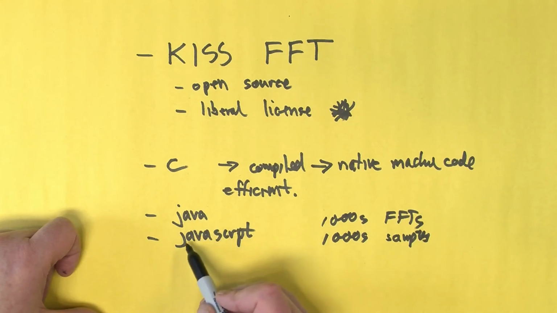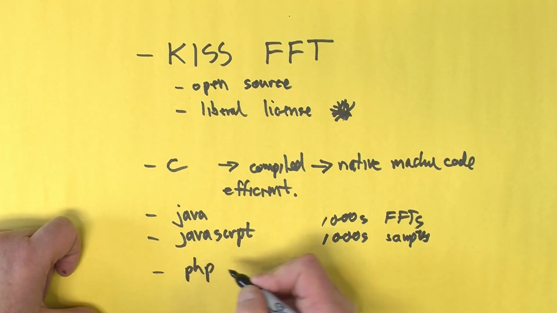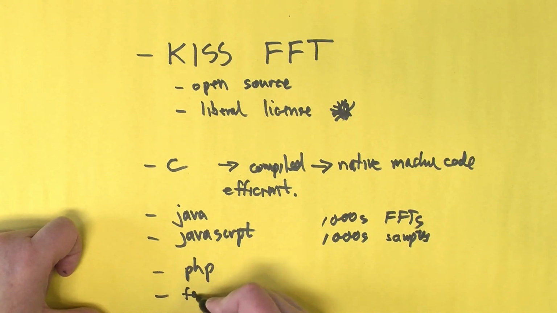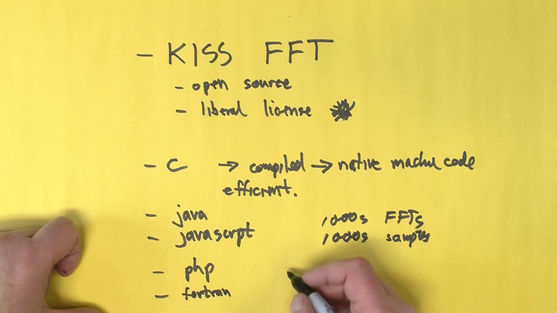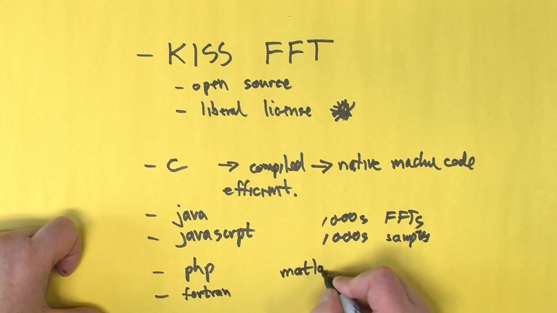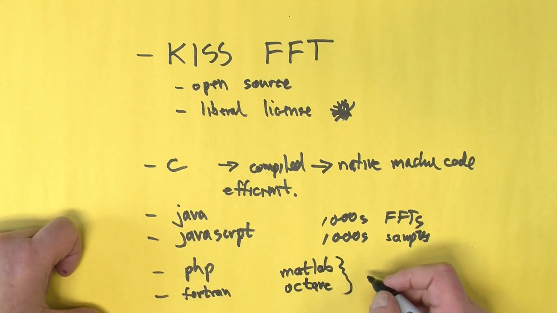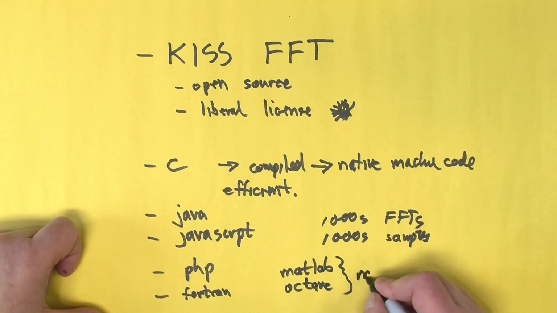And this applies for all sorts of other languages as well, be it high-level languages like PHP as another example, or legacy languages like Fortran, or really you could even include things like MATLAB and the open source equivalent Octave, both of which in one way or another end up calling native machine code.